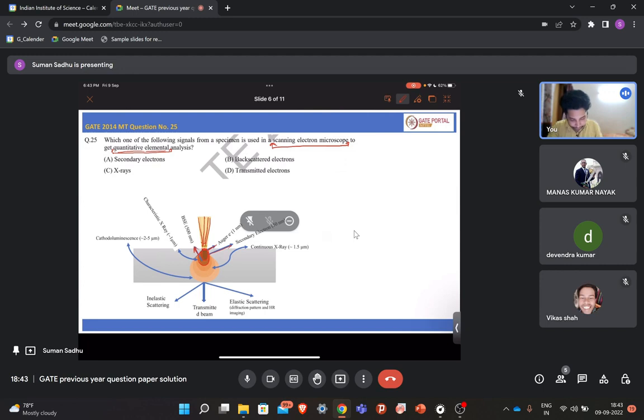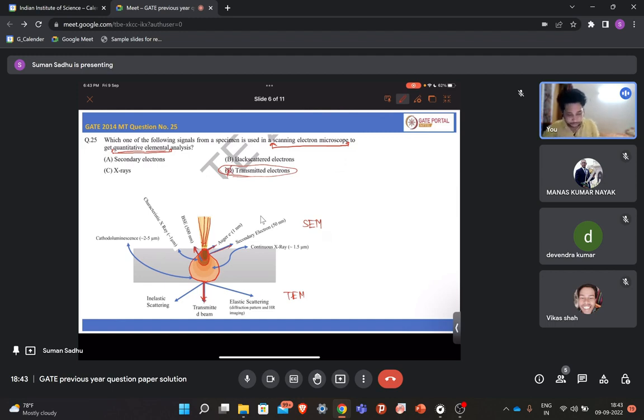This total volume is known as the interaction volume, and within it different kinds of signals are generated. The transmitted electron stream is for TEM, so this is the TEM part and this is the SEM part. You can simply cancel out this one for the time being.